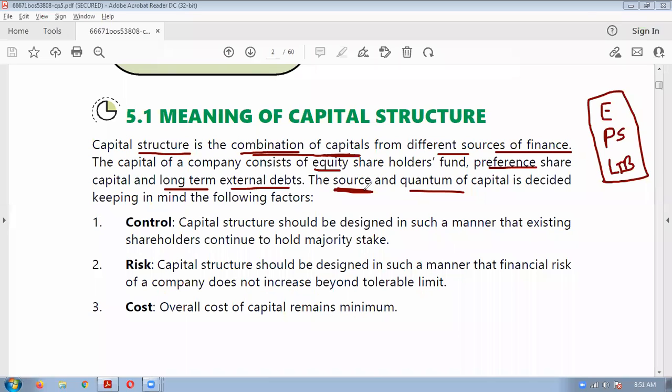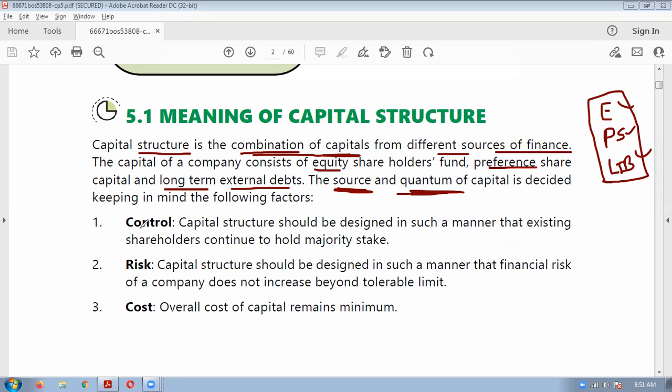From which source you have to raise finance and how much you have to raise. That is, the amount of capital to raise from these different sources: equity, preference, long-term borrowing.